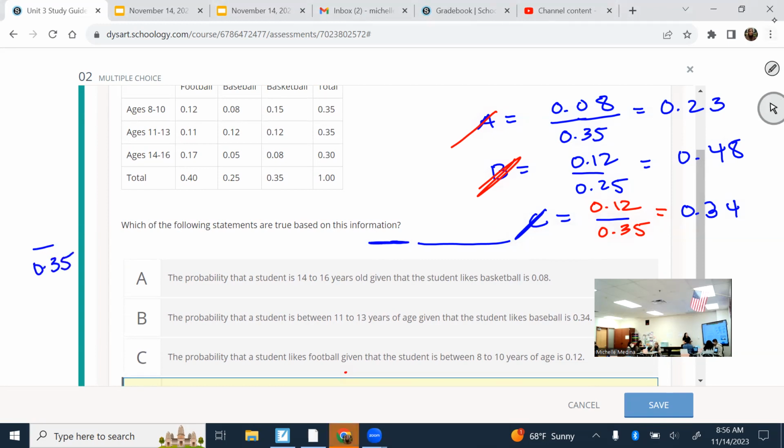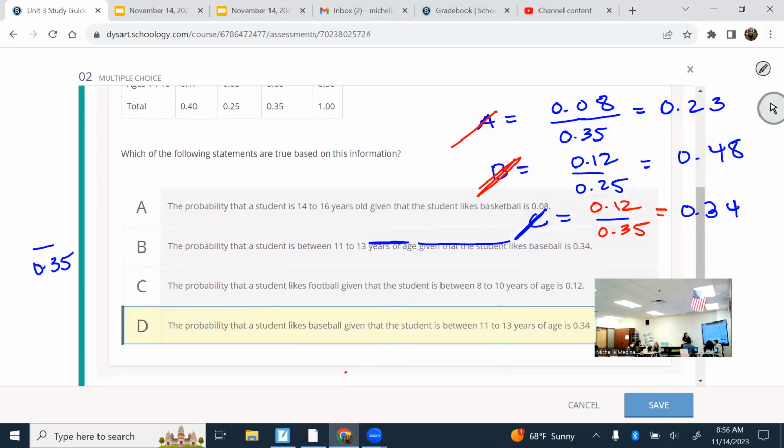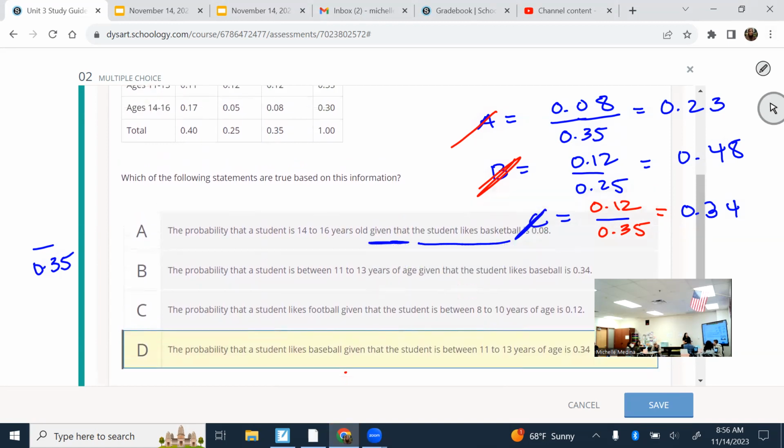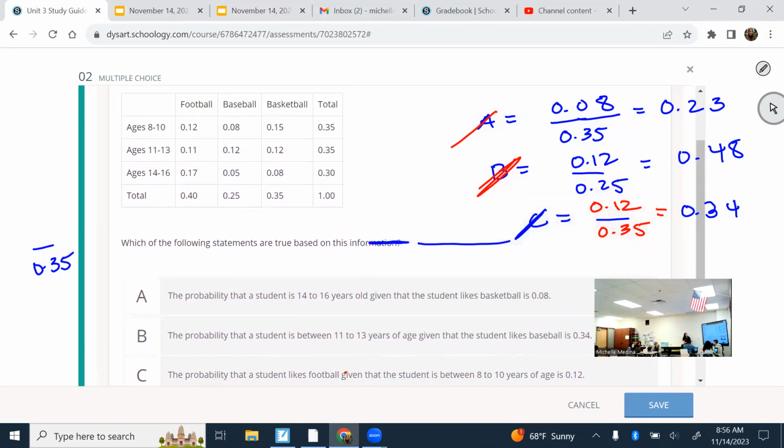And we want to know, out of those students, how many like baseball? 0.12. So now we're dividing that. 0.12 divided by 0.35 is 0.34. So on my screen, it's D.